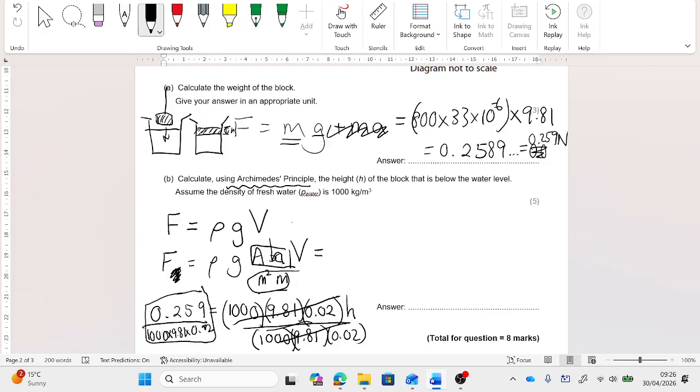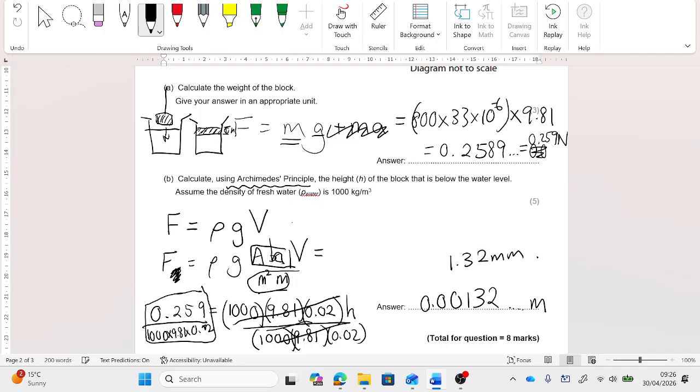Okay, so that is going to give me, okay, so I got 0.00132 dot dot dot meters. Okay, so that means it is about 1.32 millimeters.